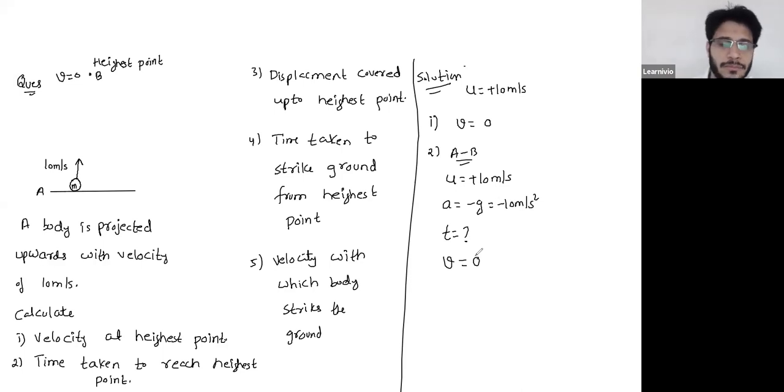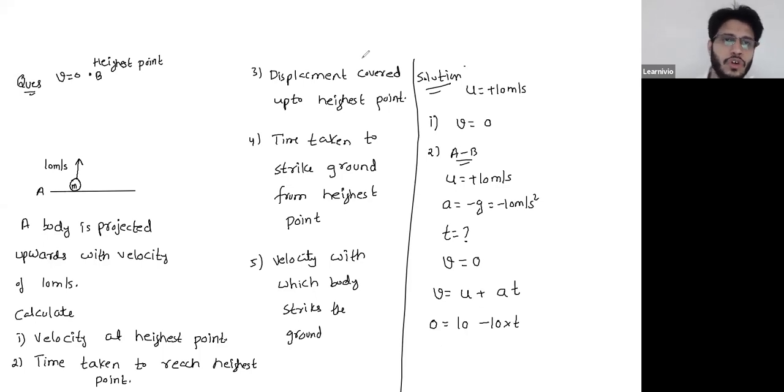v is equal to u plus at. v is 0, u is 10, a is minus 10, and this is t.